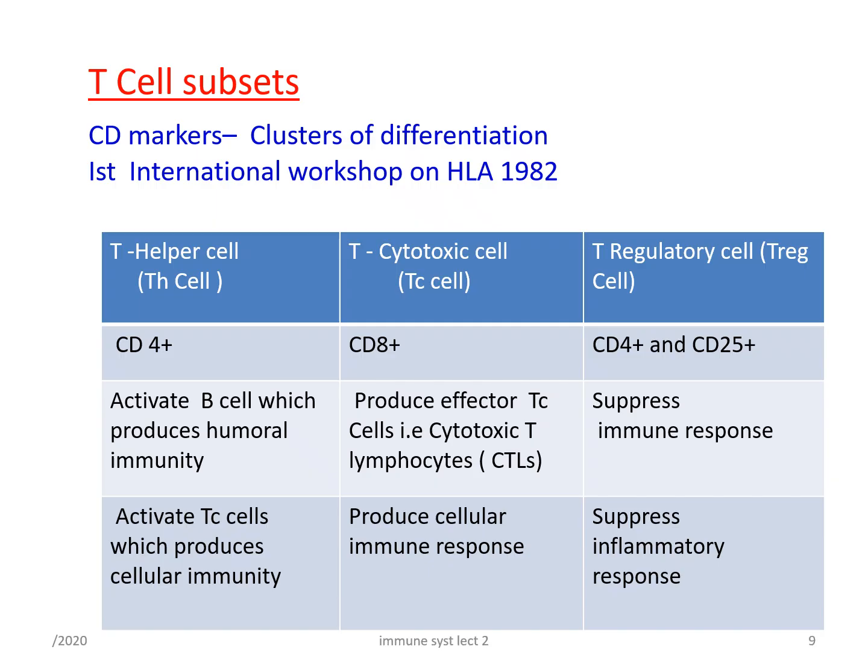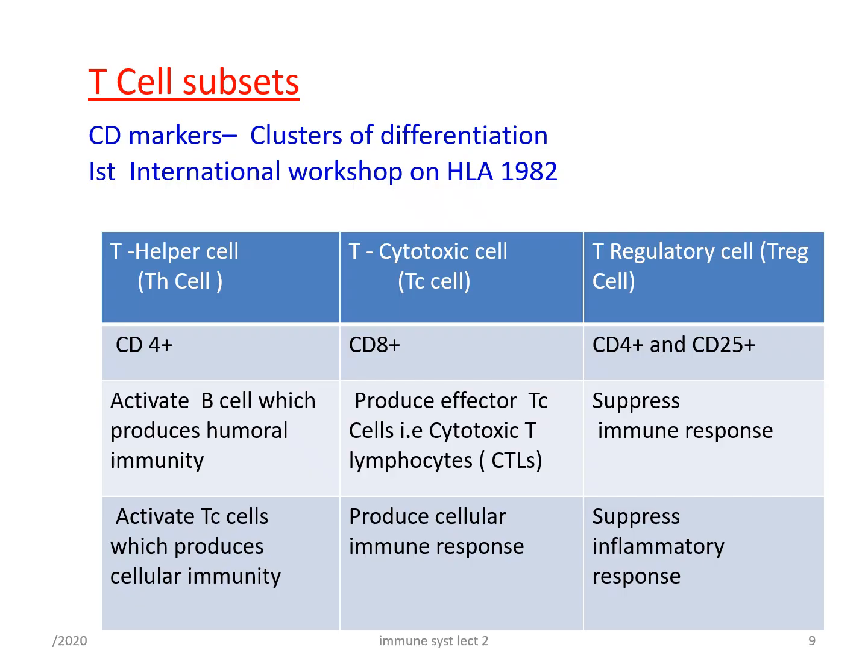Now let us talk about T cell subsets, or subsets refer to the different types of T cells present, and it is very important to know them because they have very important and differentiating roles in the development of immune responses. They are identified on the basis of molecules present on the surface, which are called CD markers or clusters of differentiation.